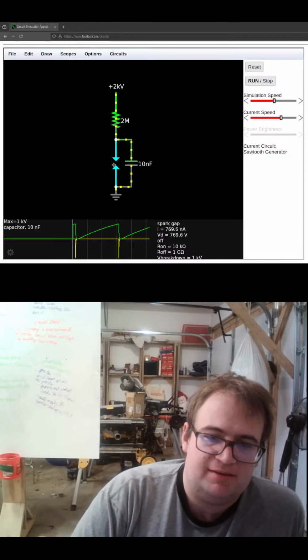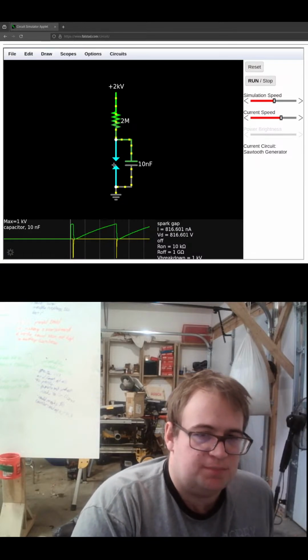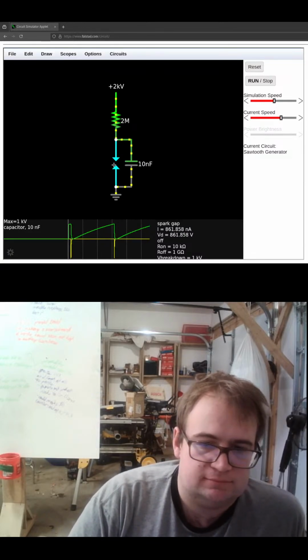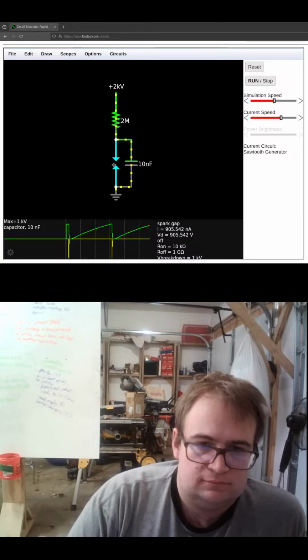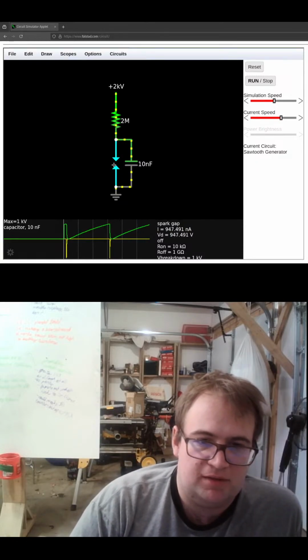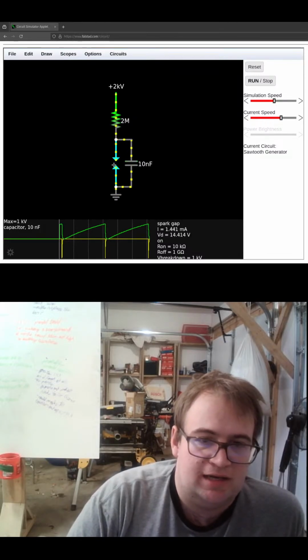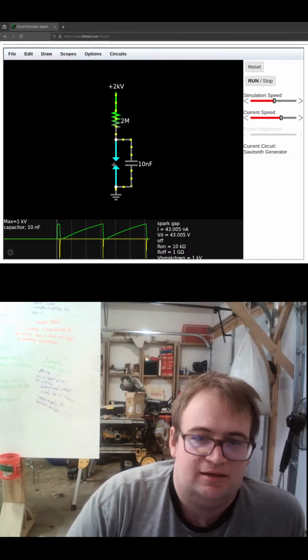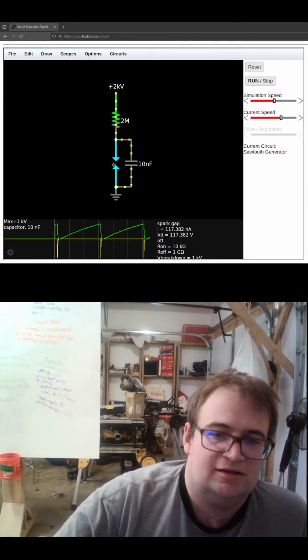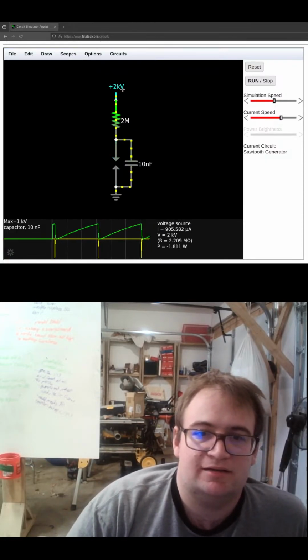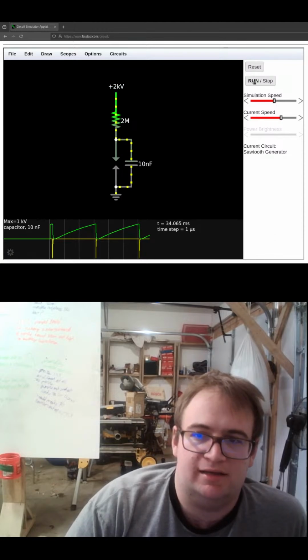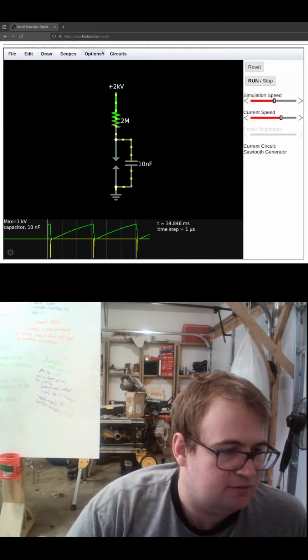And then eventually I bet that's just gonna spark between it. Let's see at the very top there, I bet. Let's just watch it. There. Now it's done. That's pretty cool. 2 kilovolts. Holy.